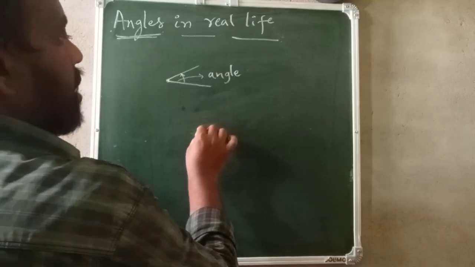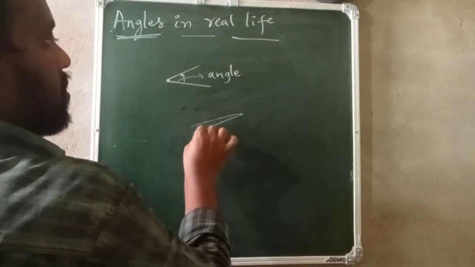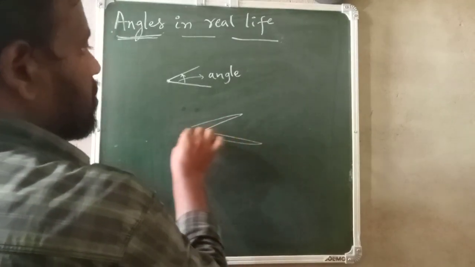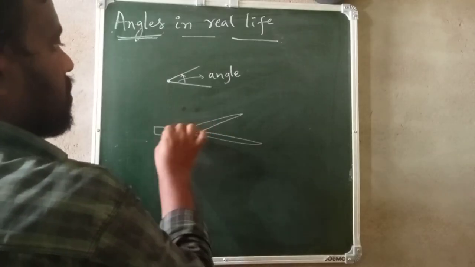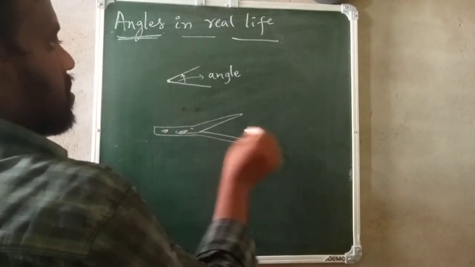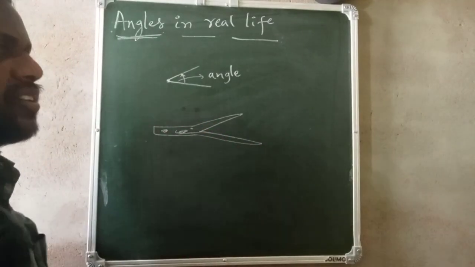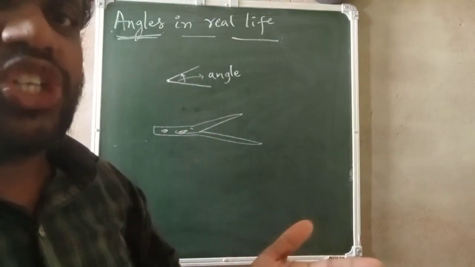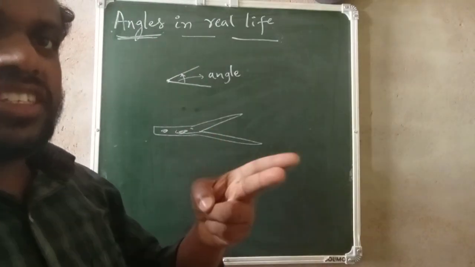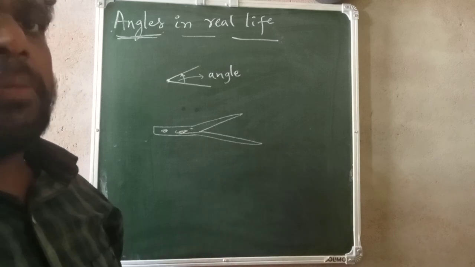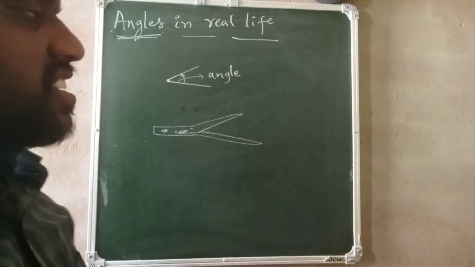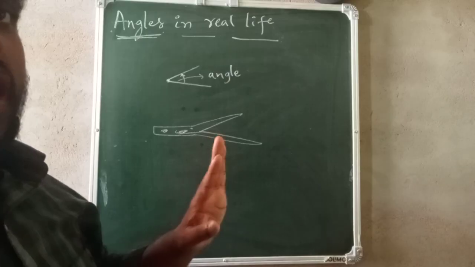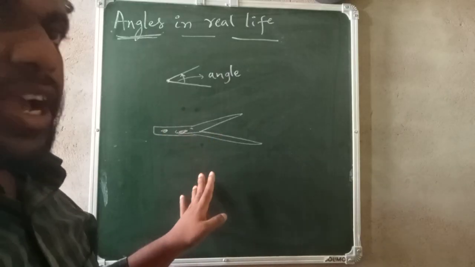I'll just draw a rough diagram of a scissor. So this is scissor. To cut the hair, if you go to a cutting shop, they will use scissor, right? Or to cut the papers, we will use scissor, right? So this is scissor. Just assume I have just drawn the rough diagram.